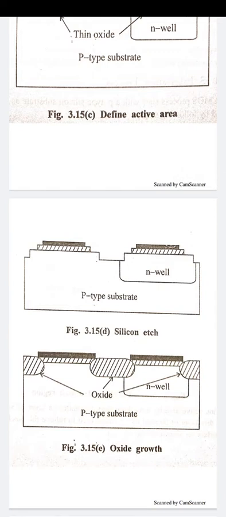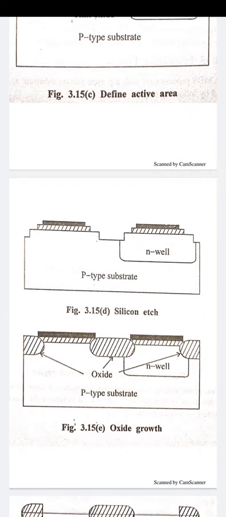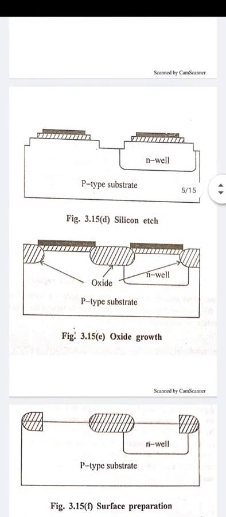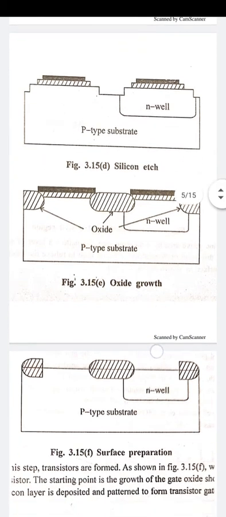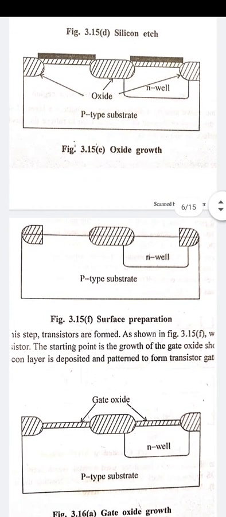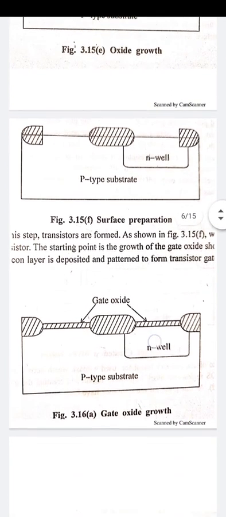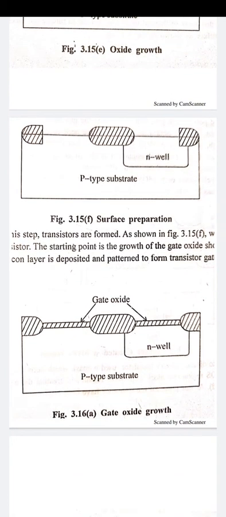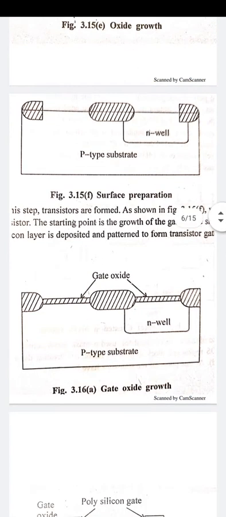Then oxide is grown at the exposed regions, and once the oxide insulation is grown, the layers are removed from the exposed areas. Then only the grown oxide layer, the N well and the P type substrate remain. That is basically the surface preparation.